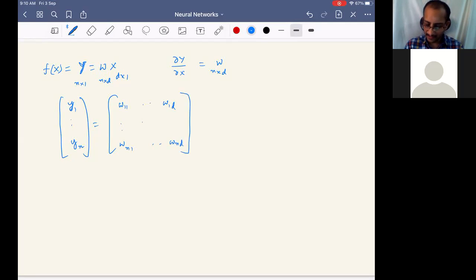An element in this will be w, say w ji. Here yj is here, and then x1, xi, and xd. Is this clear, what I have written here? Okay, so let us cross check this.